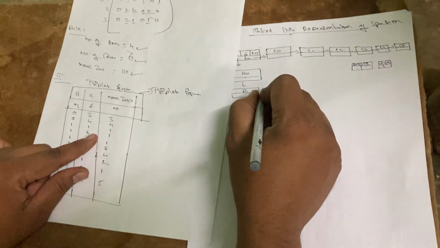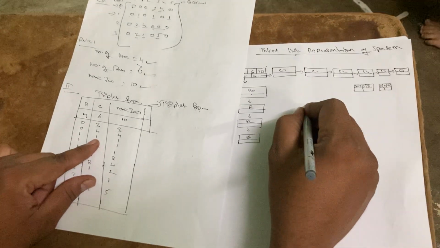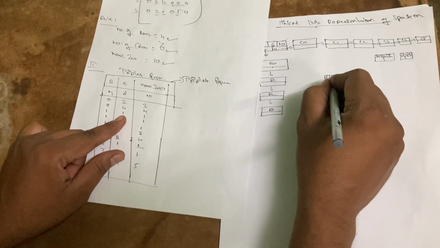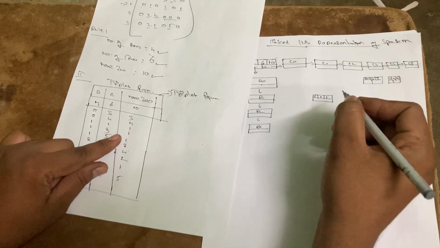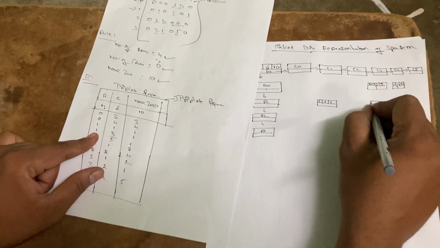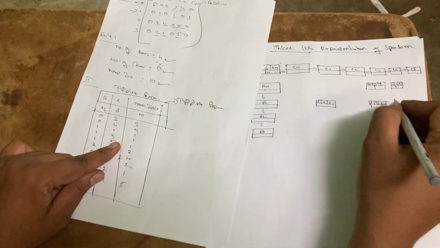And first row, first column, first row, first column and the value is 1. And first row, third column and the value is 1.